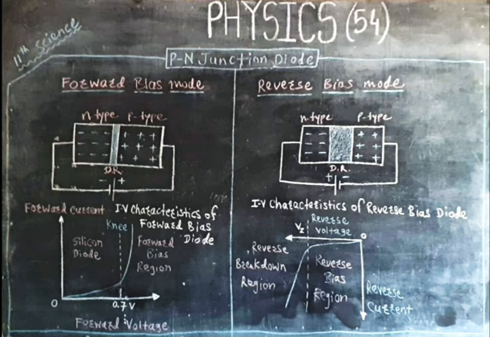For forward bias mode, when the sharp rise at the knee voltage occurs, the forward voltage is 0.7 volt, and beyond that the forward bias region occurs. In this region the current is very large because the diode effectively becomes a short circuit, and beyond the knee point a large current is seen. But this current is not limited.